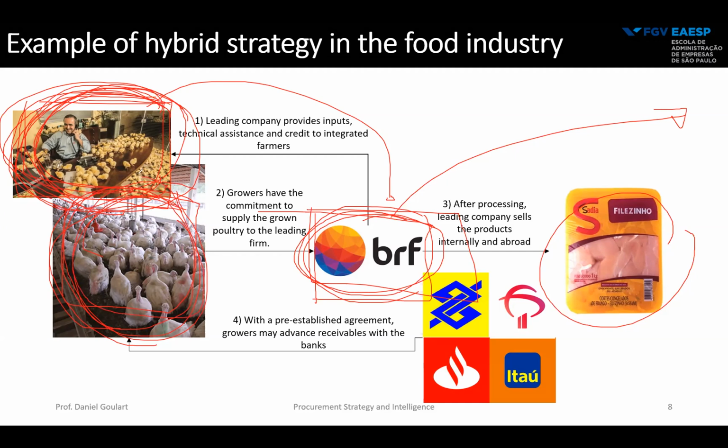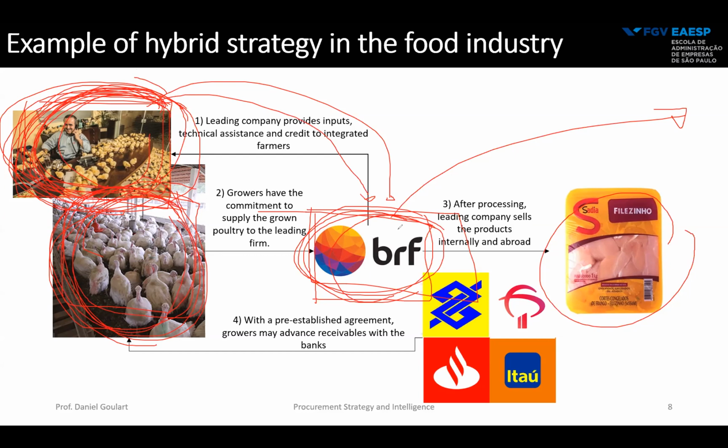Those guys need working capital to buy the feed, to feed the animals, to buy any input that they need. BRF provides working capital, and BRF also provides investment capital to them. If they want to expand their installations, BRF provides this credit to them. In this way, those guys are always tied to BRF.